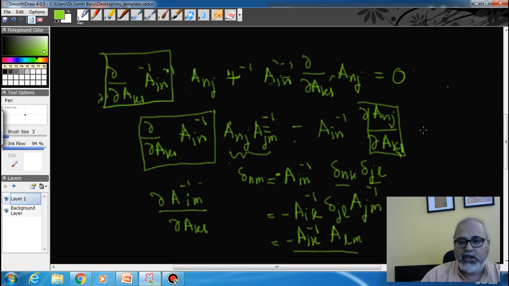However, there's a small bit of subtlety here, because we have also been told in the problem that this is a symmetric tensor. Therefore, not only would this be 1 if n is equal to k and j is equal to l, it will also be 1 if n equal to l and j equal to k, because nj and jn and kl and lk are the same for this tensor.